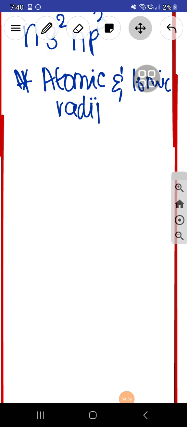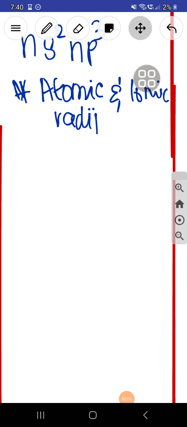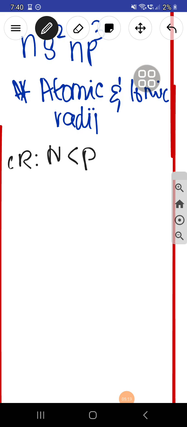From the table, I'm writing the order of covalent radius, which I'm representing as Cr. The order of covalent radius is nitrogen less than phosphorus less than arsenic less than antimony less than bismuth. This is its covalent radii order.